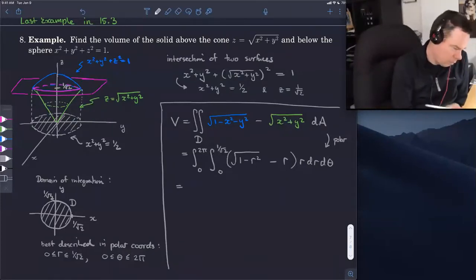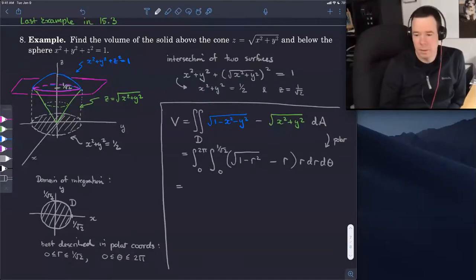And now we can go ahead and integrate. One of the things to keep in mind is what we are integrating over is a polar rectangle. That means our limits of integration for r and theta are constants.